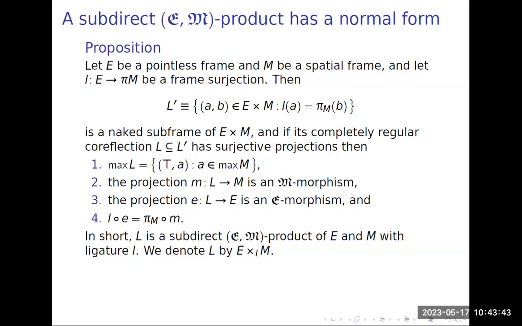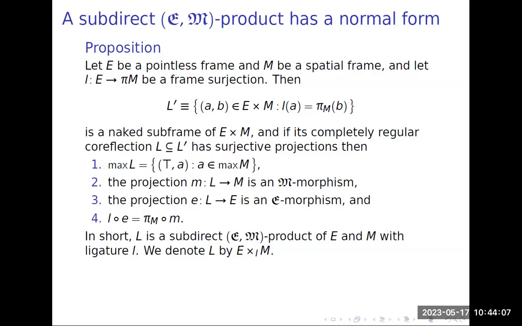Now, the problem here is that I have no reason to believe that that's completely regular. You see? It's just a subframe of the product. But complete regularity is a co-reflective property in frames. And so within L prime, there is a largest completely regular subframe, and I'm calling that L with no prime.